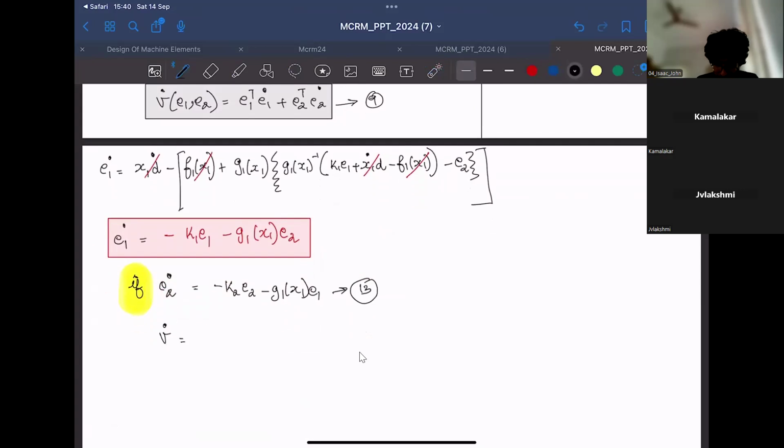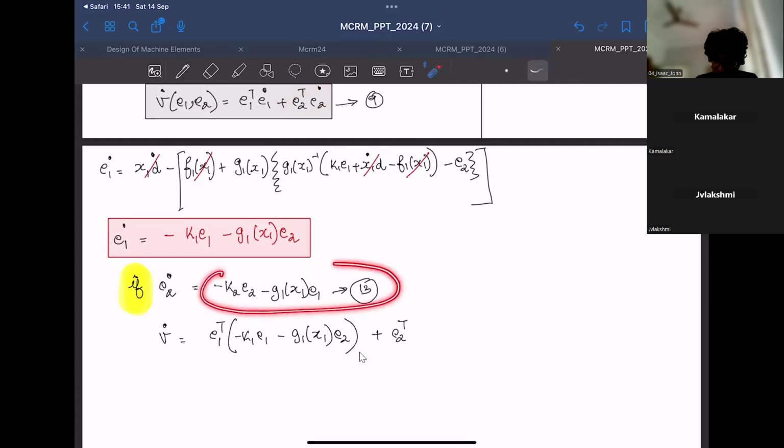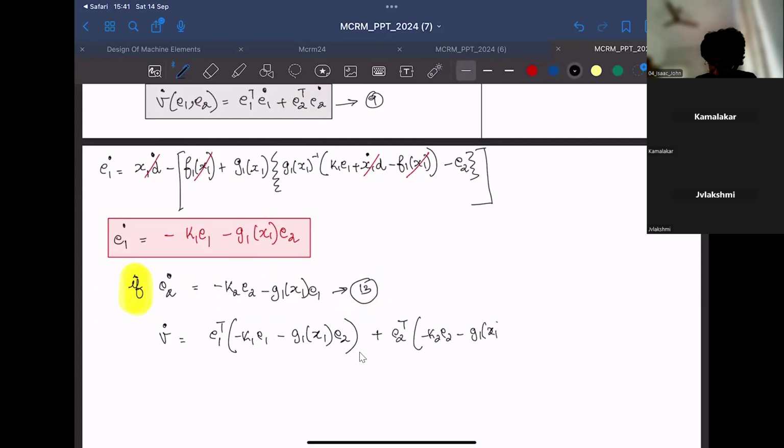So V dot would be E1 transpose times E1 dot, which is this term: minus K1 E1 minus G1 X1 E2, plus the second term, E2 transpose E2 dot. E2 dot would be minus K2 E2 minus G1 of X1 E1.